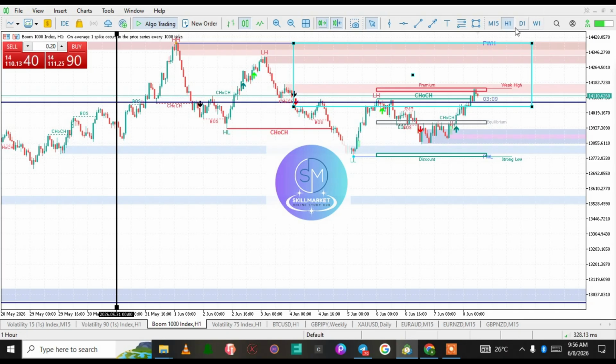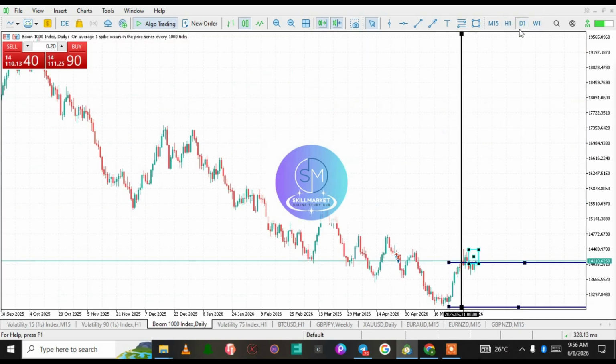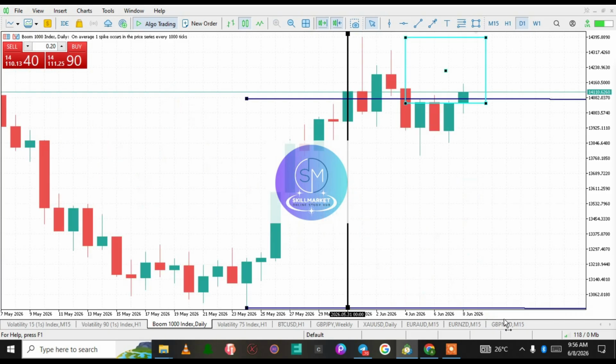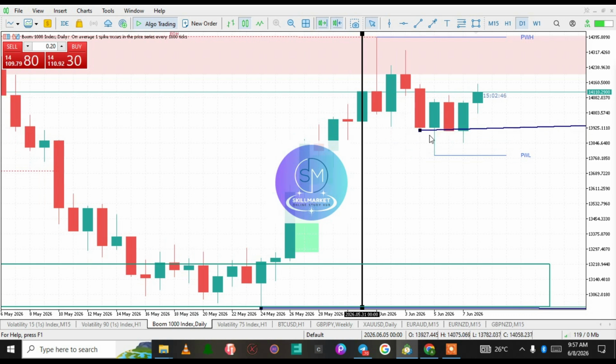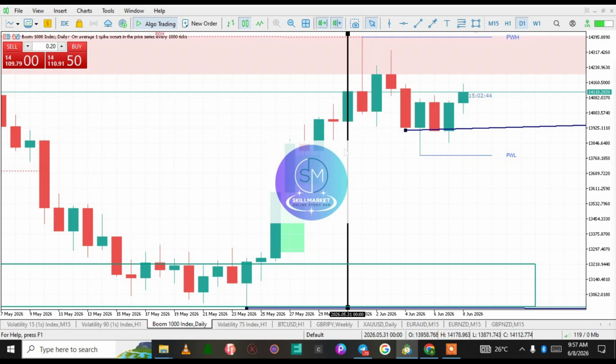Let's go back to the daily, just within this zone. Let's just delete this for now. On the daily, we have this open close level, or let's just say we have price take out this low.